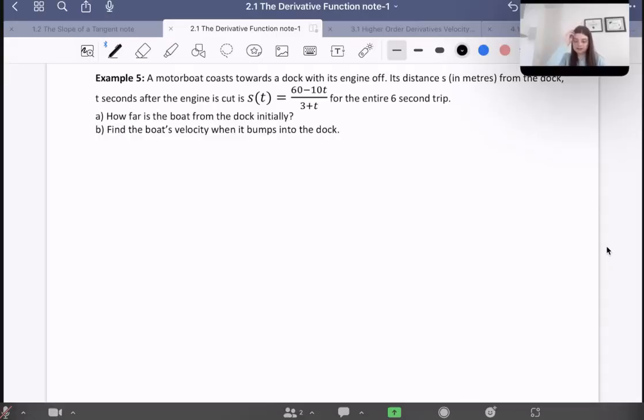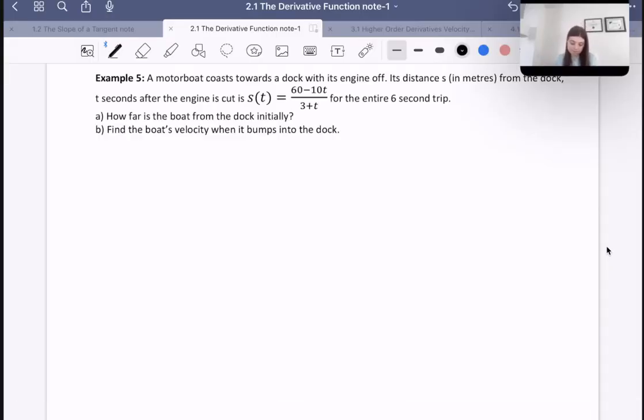All right, so let's give this a go. The first question asks, how far is the boat from the dock initially? Well, basically t is t seconds, and s is s meters. So what they're asking is, at time 0, what is the distance in meters? So for A, it doesn't have anything to do with derivatives at all.